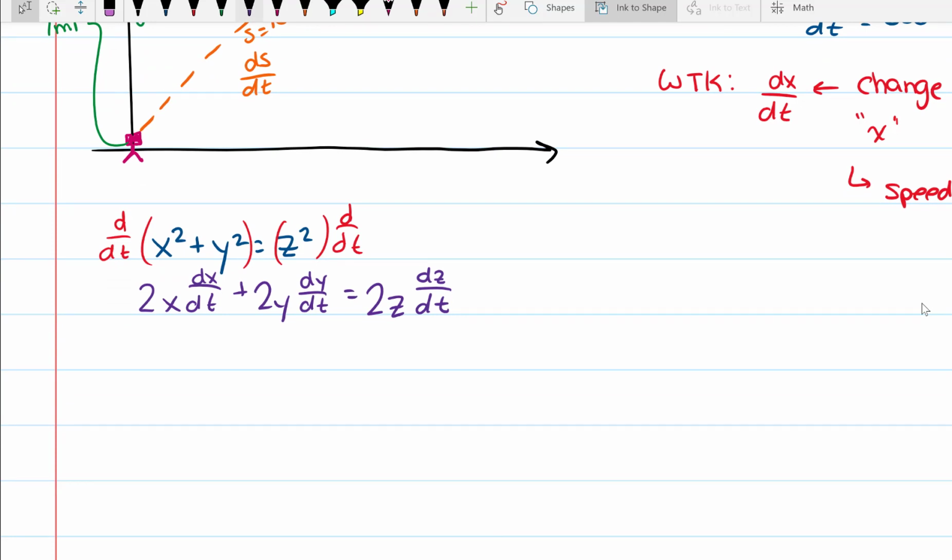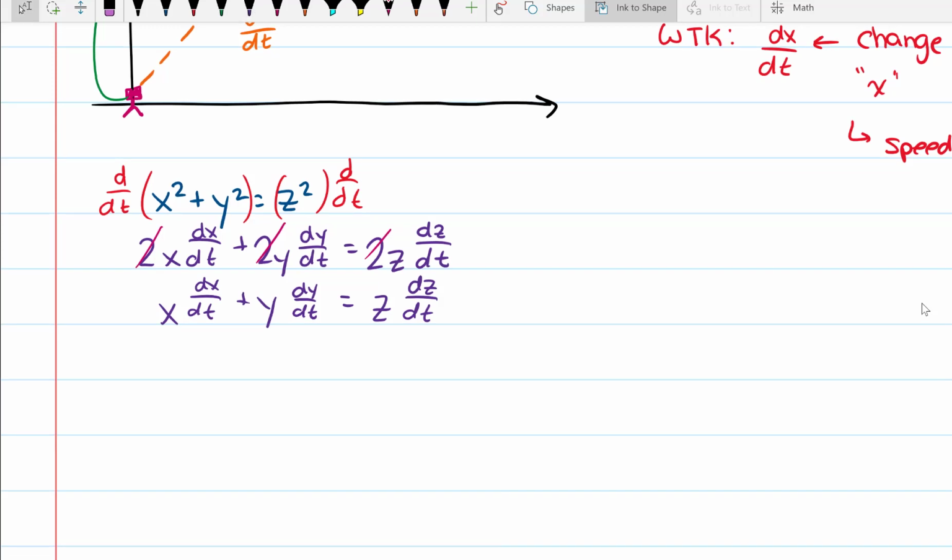I'm going to divide those all by 2, so the 2's cancel off. And I get x dx dt plus y dy dt equals z dz dt. Now let's plug in what we know.